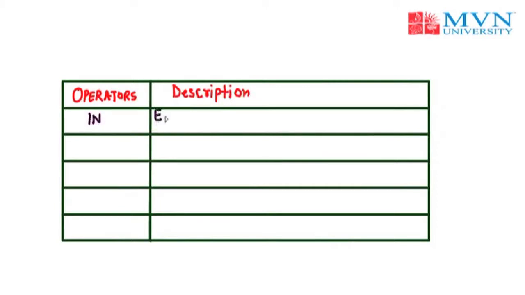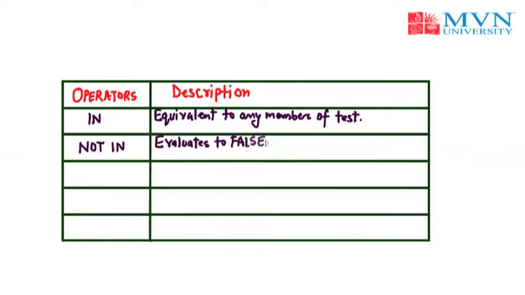First we will discuss the IN operator. This operator is equivalent to ANY member of the test. Next we have the NOT IN operator. The NOT IN operator evaluates to false if any member of the set is null.